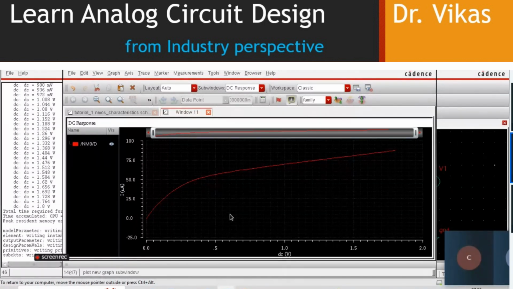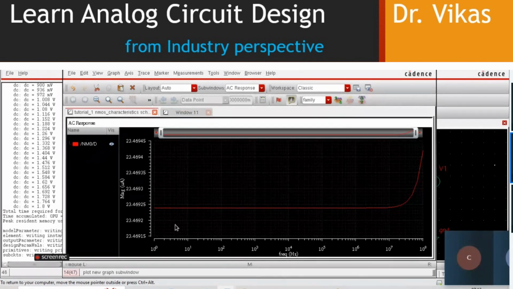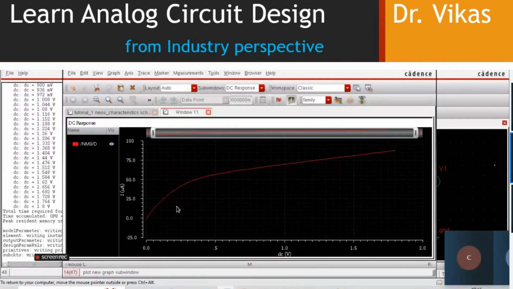We can do the same analysis from the AC analysis, but look at the difference. Here your current varies across various frequencies, and that's how this graph and this graph look. This is purely the ID versus VDS characterization. Now what exactly do we do when we want to calculate the small r out?